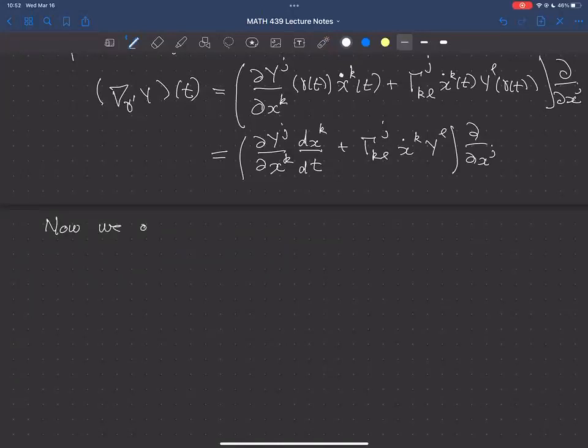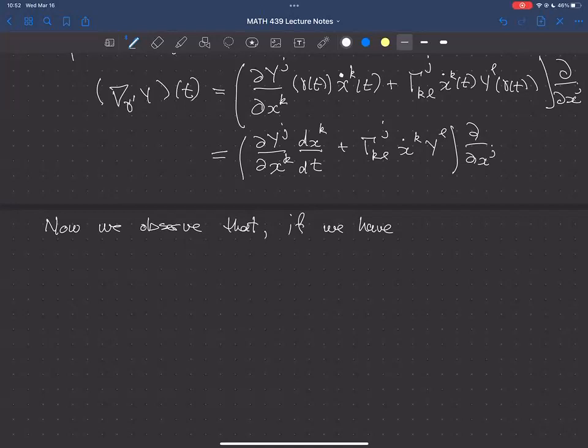Now we observe that if we have not a vector field y defined everywhere, but a vector field y only defined along the curve, because that expression, dy j by dt, only depends on the values of the vector field along the curve. So we're going to replace the vector field, which is defined everywhere, with a vector field that's only defined along the curve.